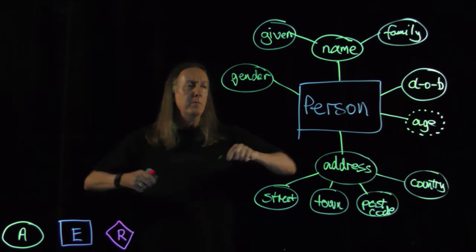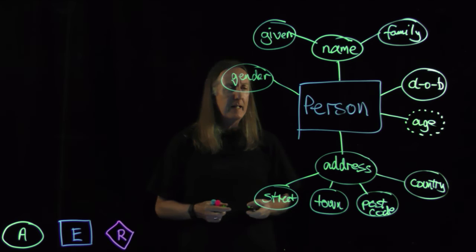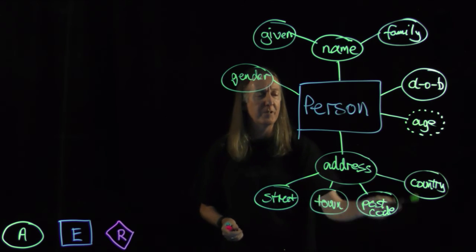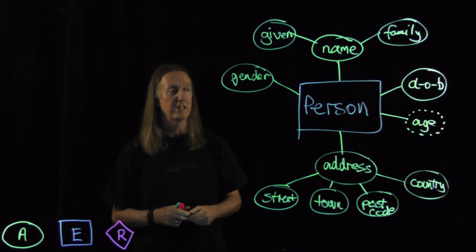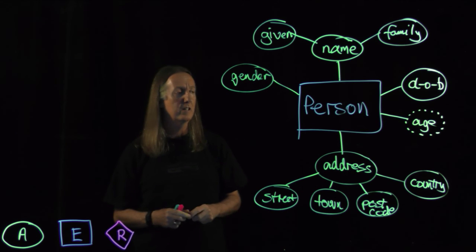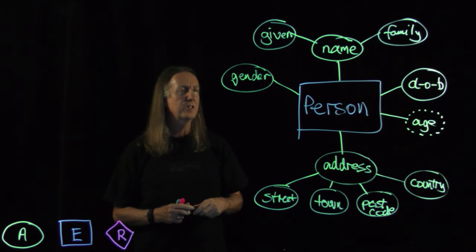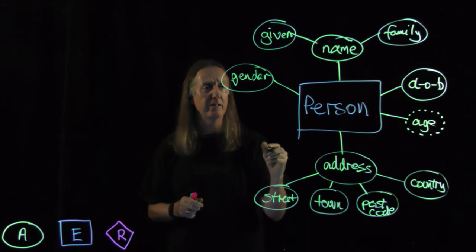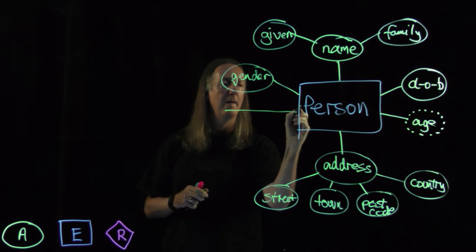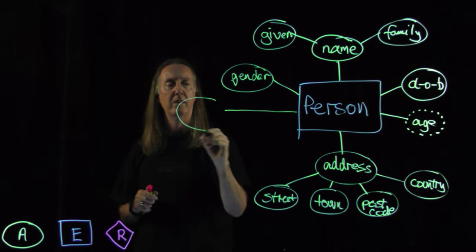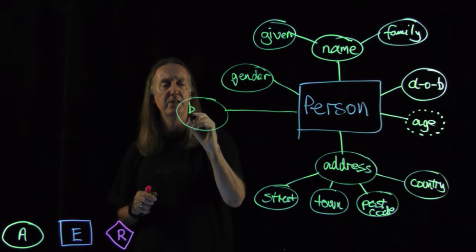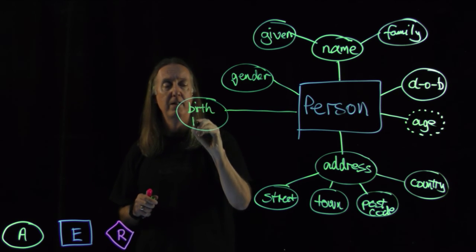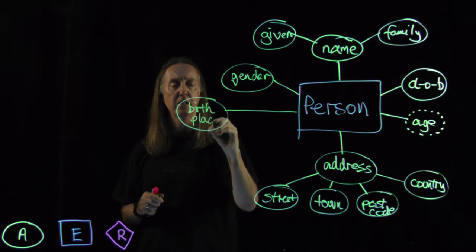The next thing that we might be interested in is their place of birth. Now, potentially, the place of birth could be an address. You might want that much detail, but in this case, possibly all that we're interested in is the country they were born in. And so we could have another single attribute which just contains the name of the country where they were born.